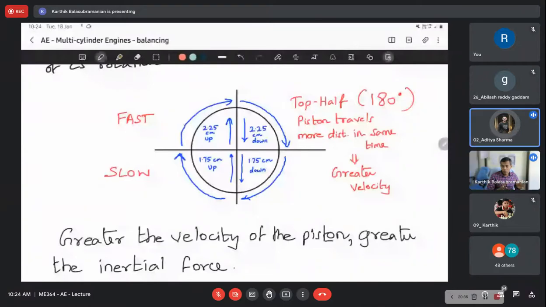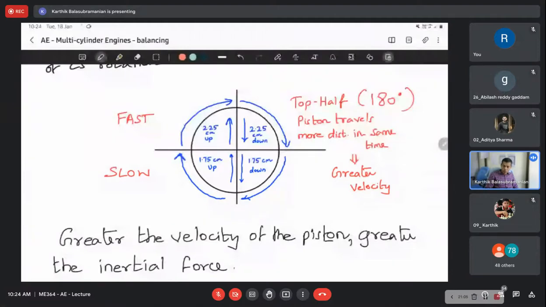By keeping ignition at different times, a lot of things can be done. Yes, firing order, that is power impulses. Power balance will happen by keeping different ignition times. What you're saying is power balance, Aditya. I'm talking about mechanical balance, so that's why I'm now focusing on mechanical balance. I have not gone to power balance yet.